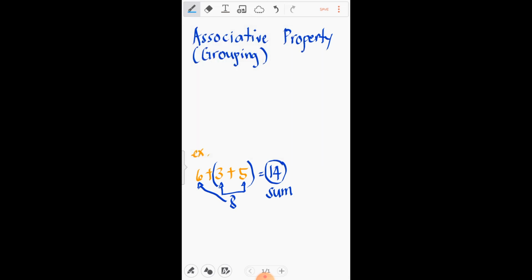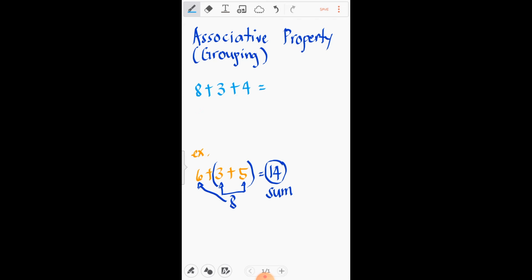Okay, say I have here 8 plus 3 plus 4. Let's try to find the sum. Okay, we can group two numbers first. Any number that you like, okay? You can group any two numbers.